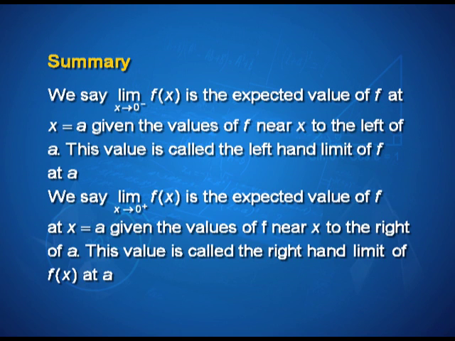Similarly, we say limit f of x as x tends to a plus is the expected value of f at x is equal to a given the values of f near x to the right of a. This value is called the right hand limit of f of x at a.